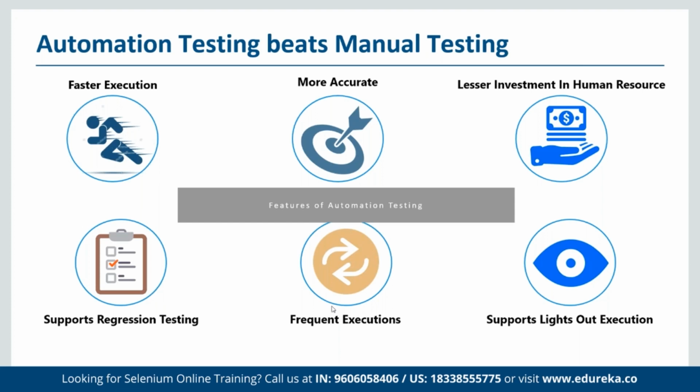Frequent execution. When I say frequent execution, the repetitive task, it's always good to have automation when it comes to repetitive tasks. It supports lights-out execution, something which you miss by a manual process, like the time it takes for execution. Sometimes the response time is less or more, so the response time of the application is fluctuating.